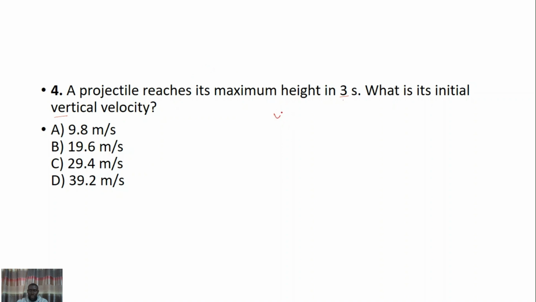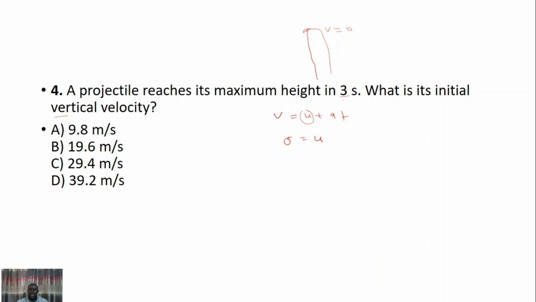So when you use v equals to u plus at, what we want to calculate is its initial velocity, right? And the final velocity, we know it will be equals to zero, because when it goes up, at the final moment before it comes down, v will be equals to zero. So this is equals to zero, okay? And u is what we want to calculate, the initial velocity, okay?